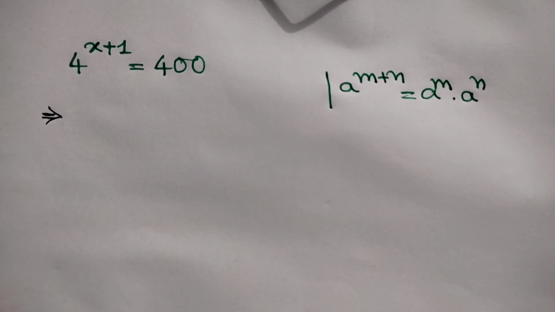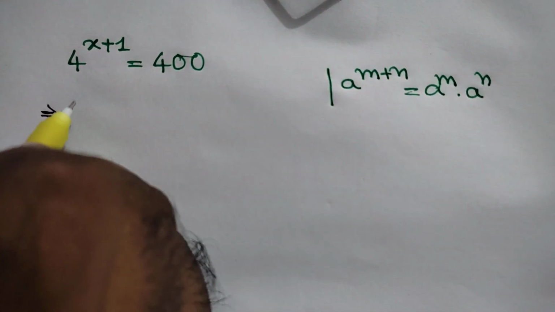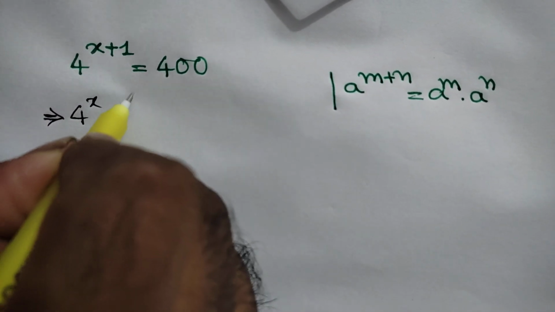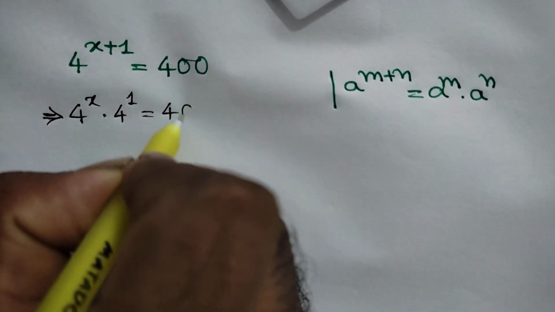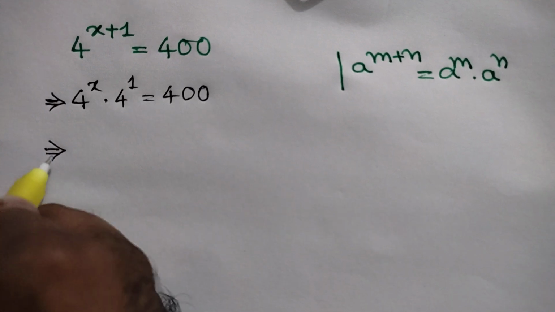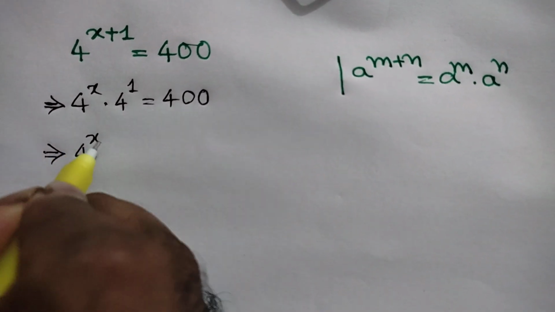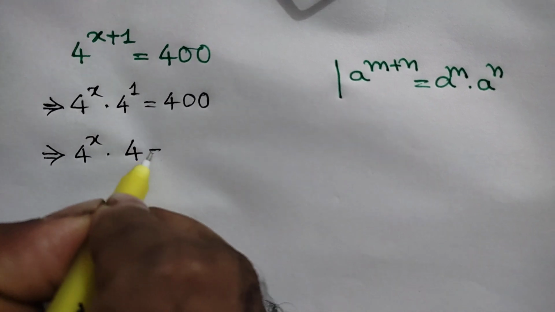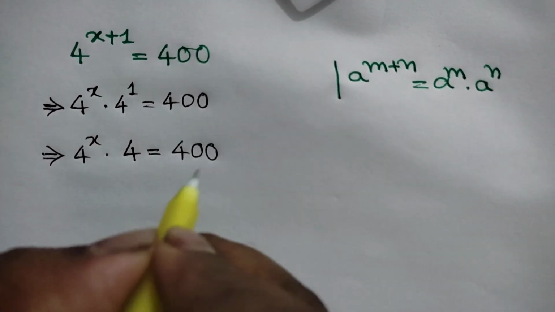So applying this formula we can write 4 to the power x times 4 to the power 1 is equal to 400, that means 4 to the power x times 4 is equal to 400.